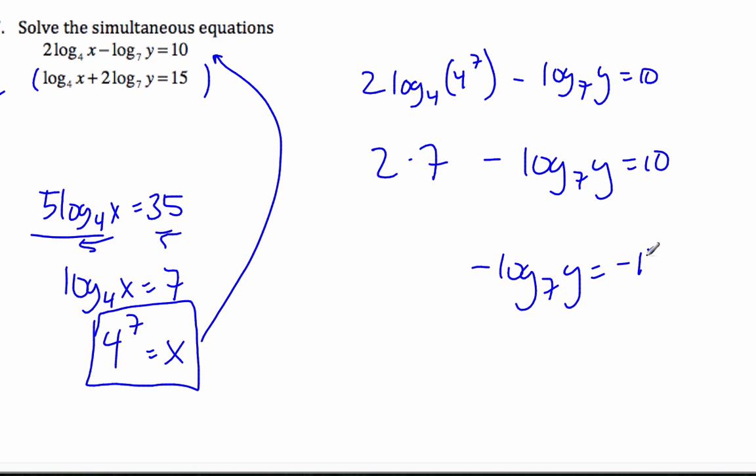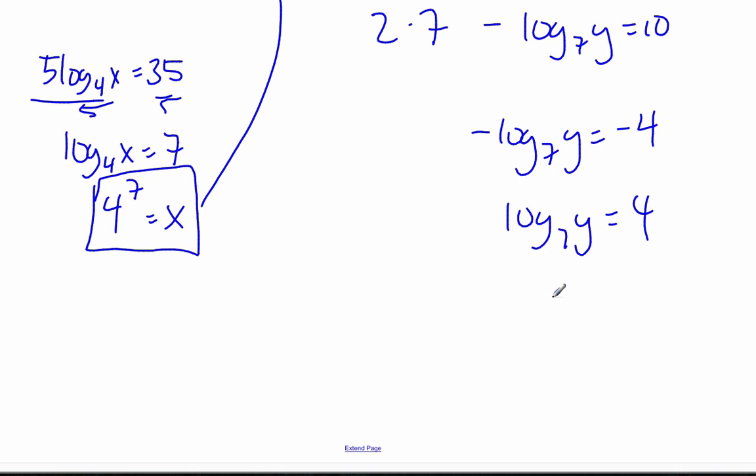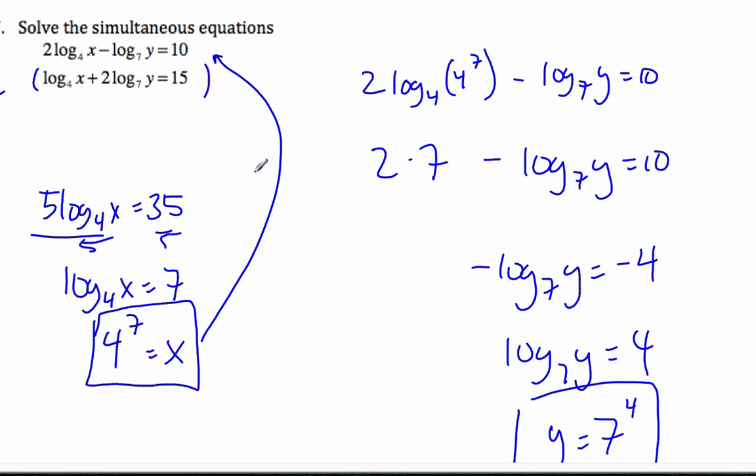So if I get rid of the negatives, I get log base 7 of y is equal to 4. And if I rewrite this last bit, then y is equal to 7 to the power of 4. And I've solved these simultaneous equations. But consider doing elimination twice, because this one worked quite nicely, but that's not always the case.